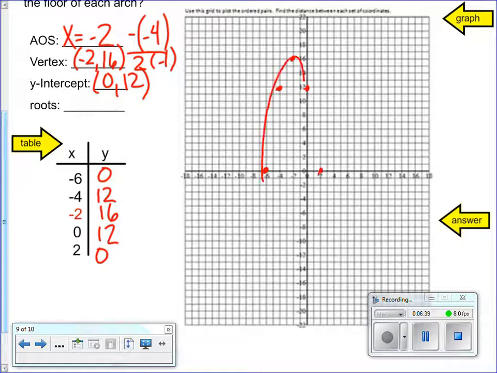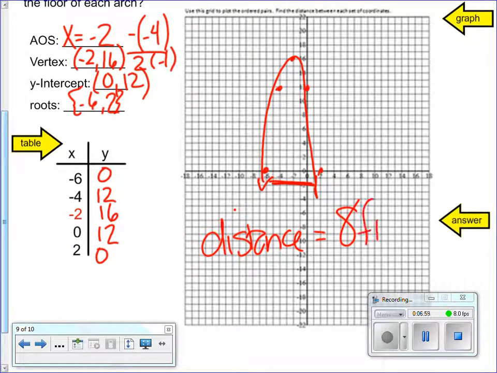So there's my parabola. So my roots are negative 6 and 2, but the question says what is the distance between these two? So my distance from negative 6 to 2 is 8 feet.